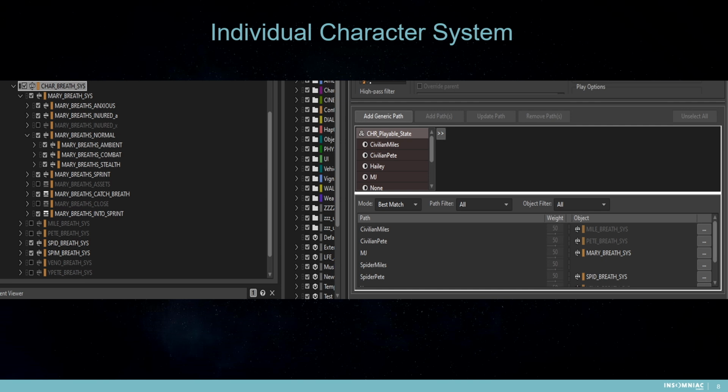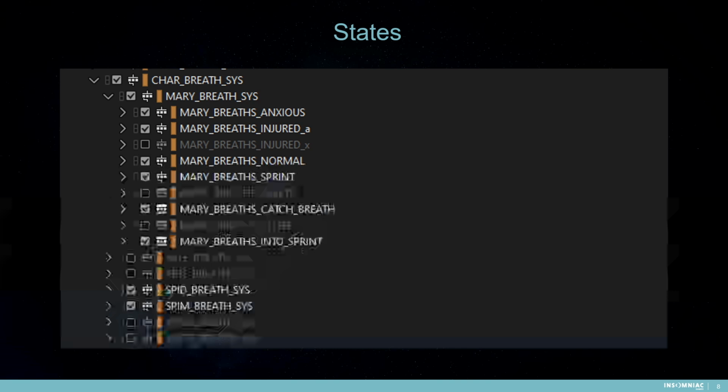These are the default states. And in this next slide, I will show you, yes, this is a zoomed in picture of here. We have normal, we have sprint, we have anxious, and we have injured. Normal was our default, and then we had states such as sprint, injured, and anxious that were specialty states that would actually override the normal character default state.